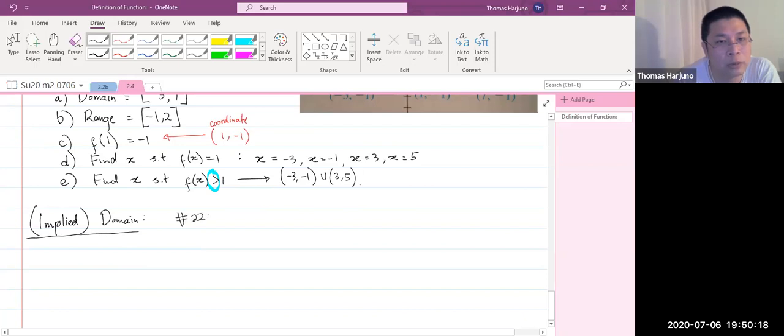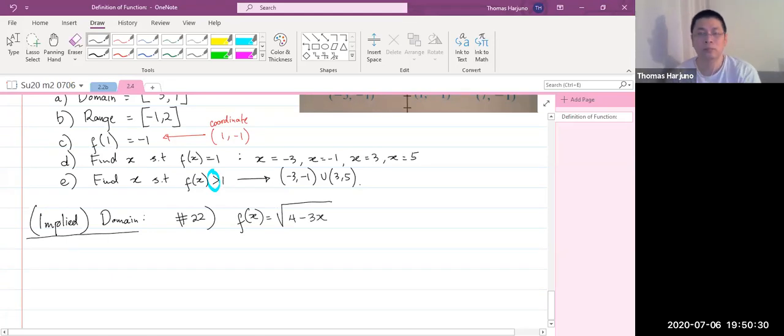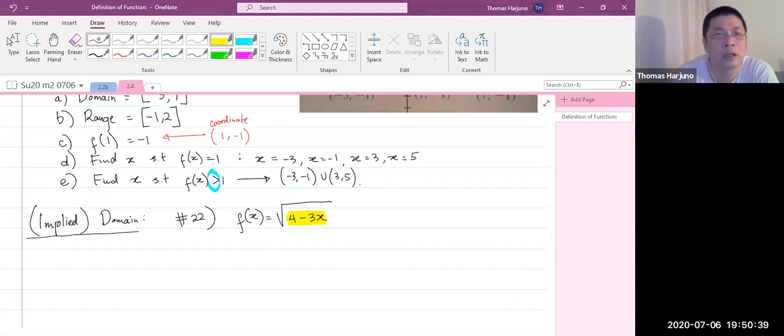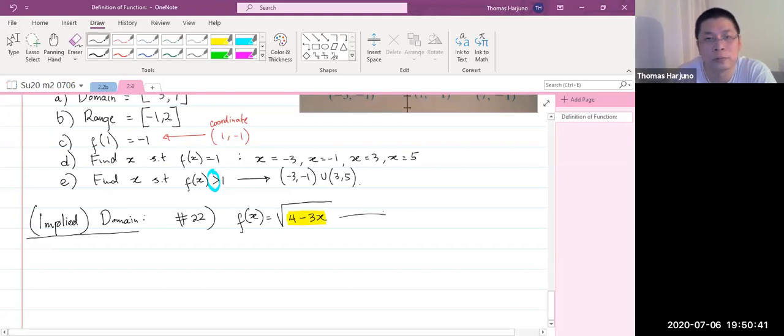For example, number 22. We have f(x) equals the square root of 4 minus 3x. The domain of a square root is that this guy here has to be greater than or equal to 0. 4 minus 3x should be greater than or equal to 0.